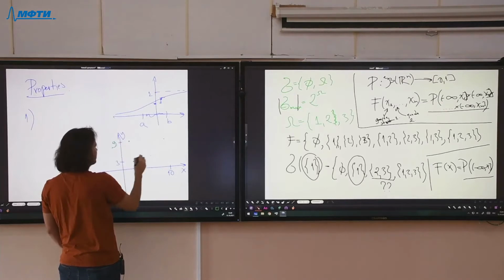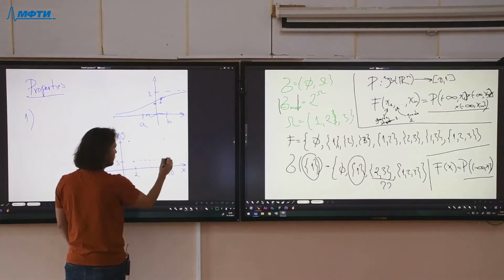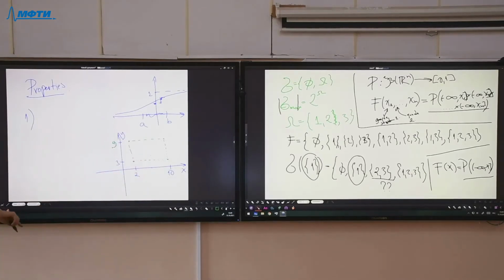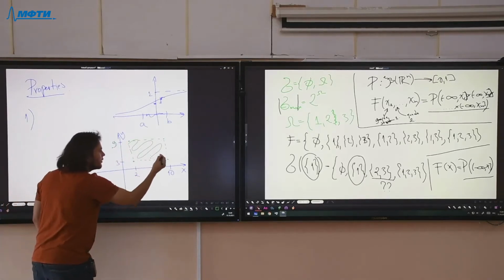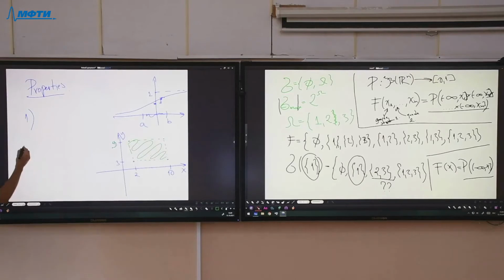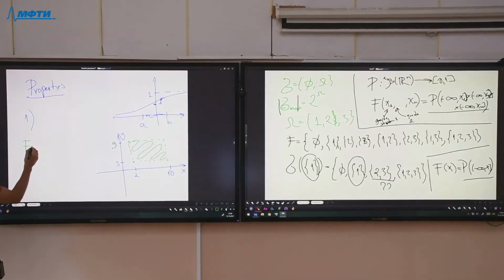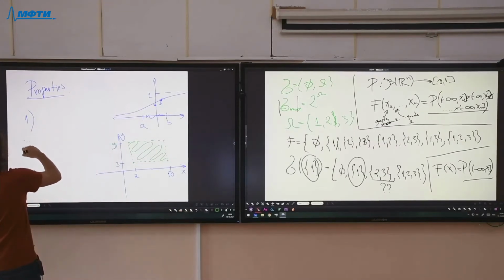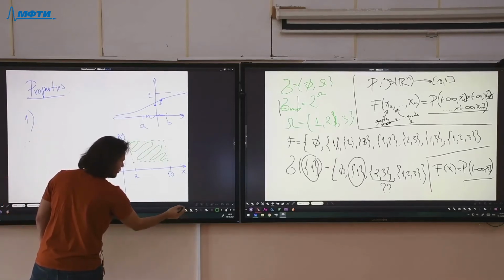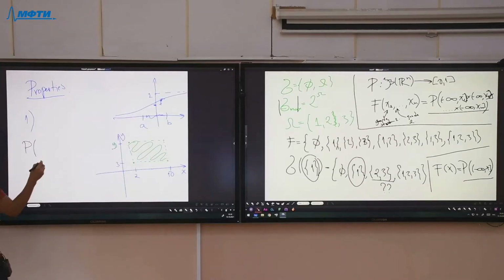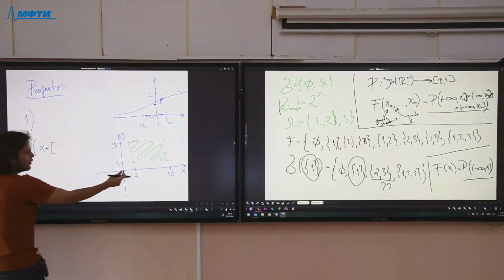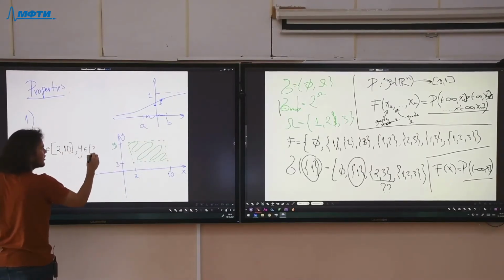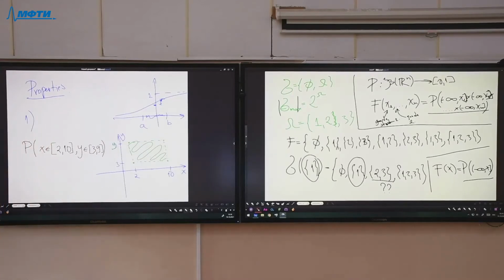So this is the probability that x belongs between 2 and 10, and y belongs between 3 and 9.